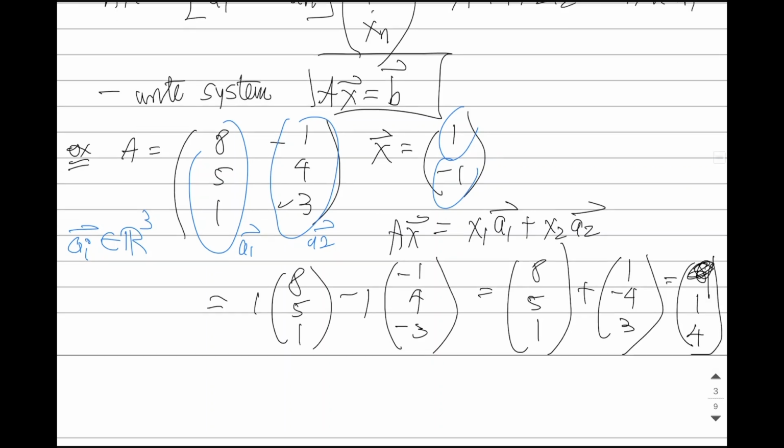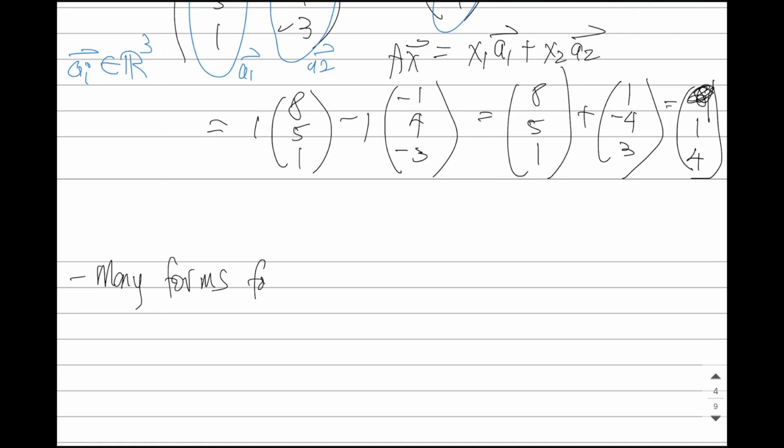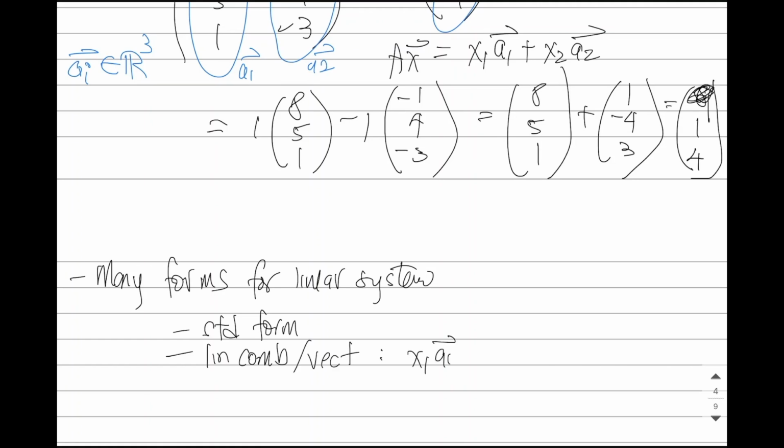So what this essentially does is it gives us many forms for a linear system. You could write a linear system in standard form. You could write a linear system in linear combination or vector form, which has x1 a1, x2 a2, all the way down to xn an equals b.